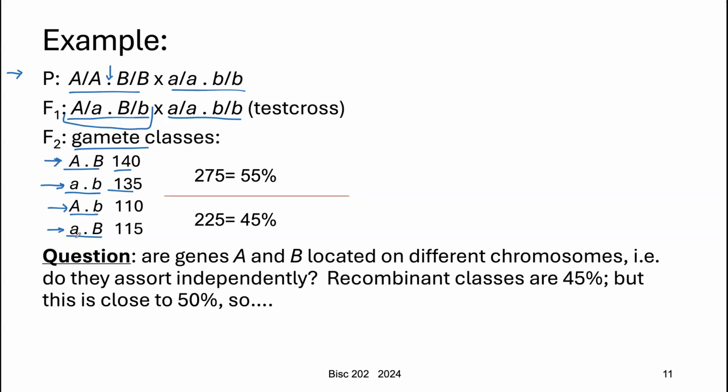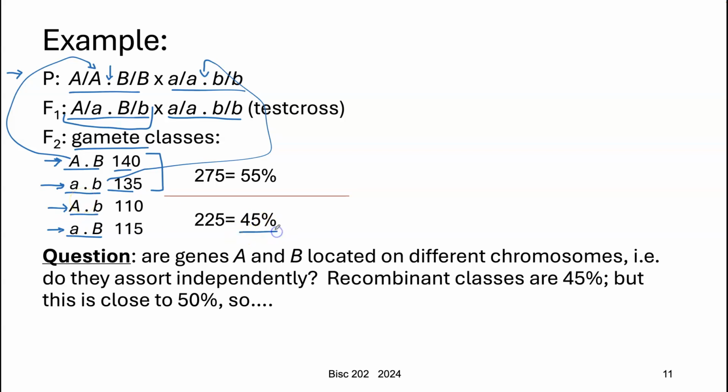So we see a difference here. Note which ones are the parental types. The parental types look like that P generation, the two dominants and the two recessives, and then these are the non-parental or the recombinant types.